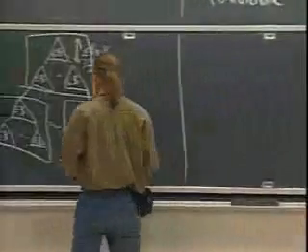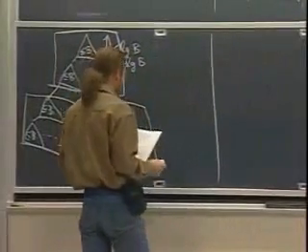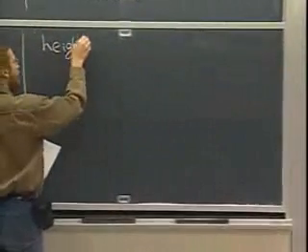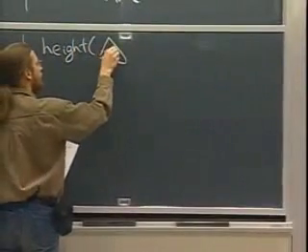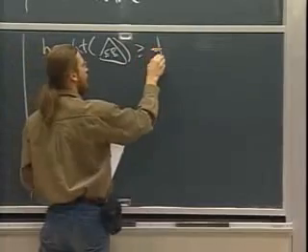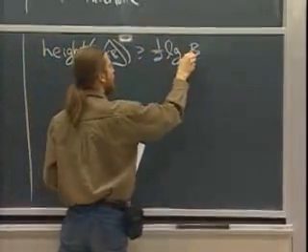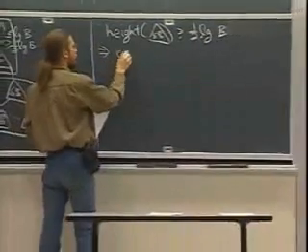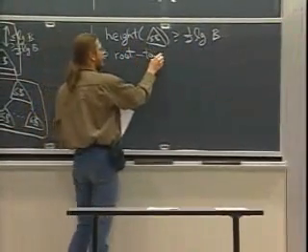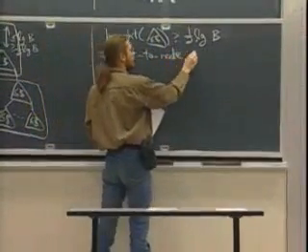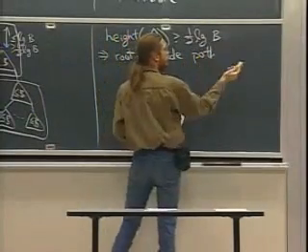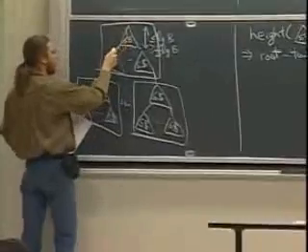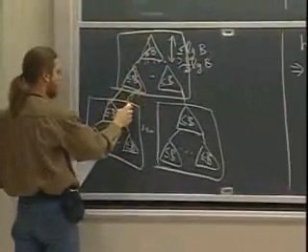So here's what we do. We know that the height of one of these triangles of size at most b is at least a half log b. And therefore, if you look at a search path, so when we do a search in this tree, we're going to start up here, and I'm going to mess up the diagram now. We follow some path.